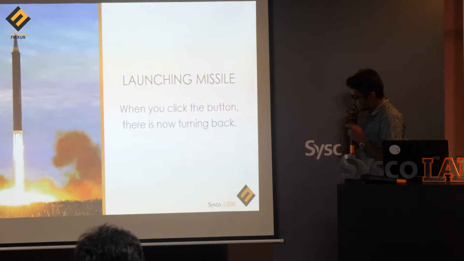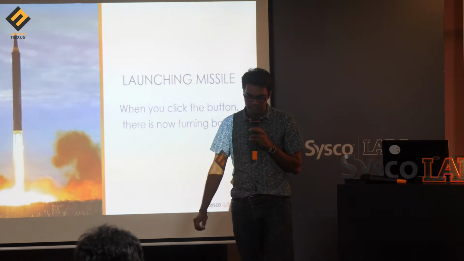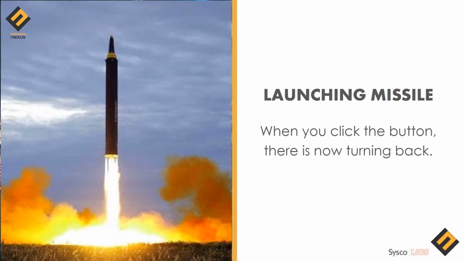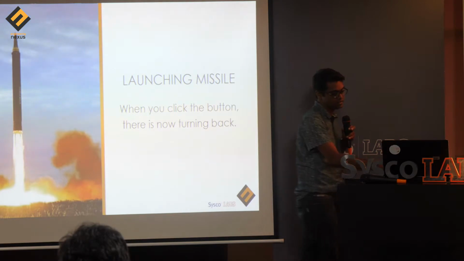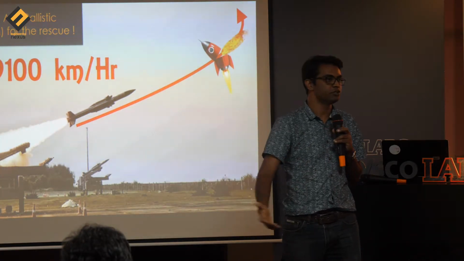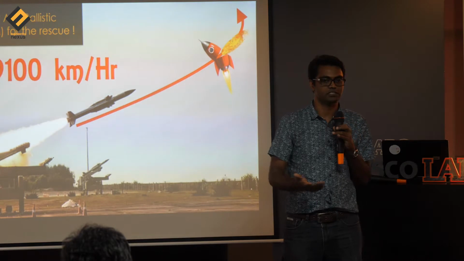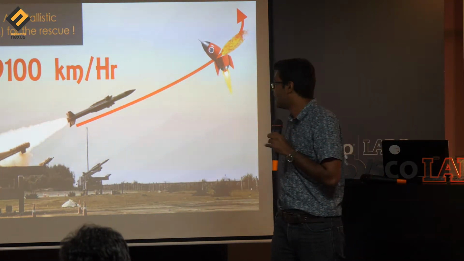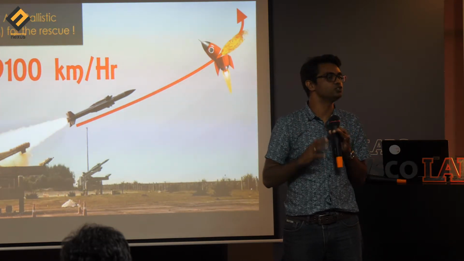Mission critical stuff is almost like launching a missile: you click a button, things happen, and you don't know what to do afterwards. Things can go good or things can go bad, so it is not always the case. Even though it is mission critical, things can go bad, but you still have to firefight it and send an anti-missile or do something to stop it.